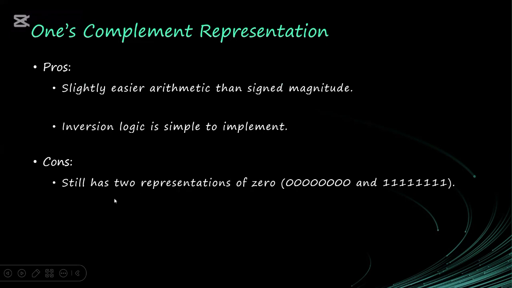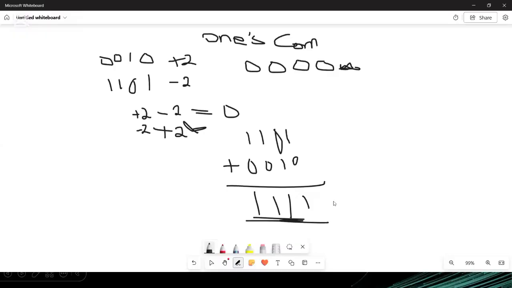Now, the problem is that it has 2 representations of 0. I have not seen anything like -0. There's nothing like -0. But with the 1's complement, it has 2 representations for 0, plus and minus. And you can see that is what we had here. Do you understand? Now, look at it. What we got here is actually 0. In the 1's complement, this is 0.